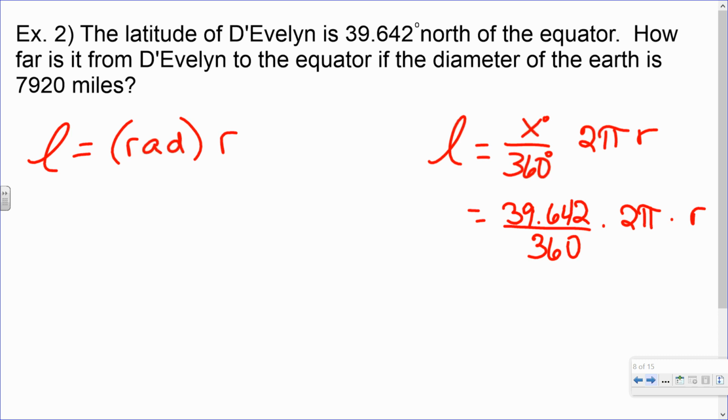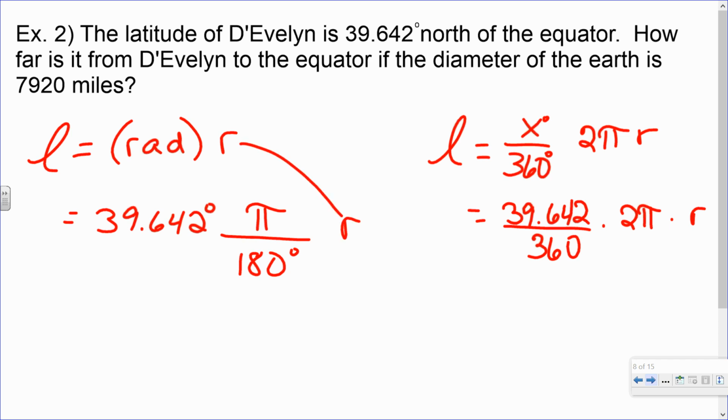If I have this and I want the radian measure, I need to take my degrees, 39.642 degrees, and now I need to convert it to radians so that I can put it into this formula. My unit multiplier for that is 180 degrees underneath pi, and then I've got times r. Well, if I used my old formula and took the 2 into 360, does that not look like exactly the same formula? So you can do these either way, but if they ever give it to you in radians, definitely use the one on the left.